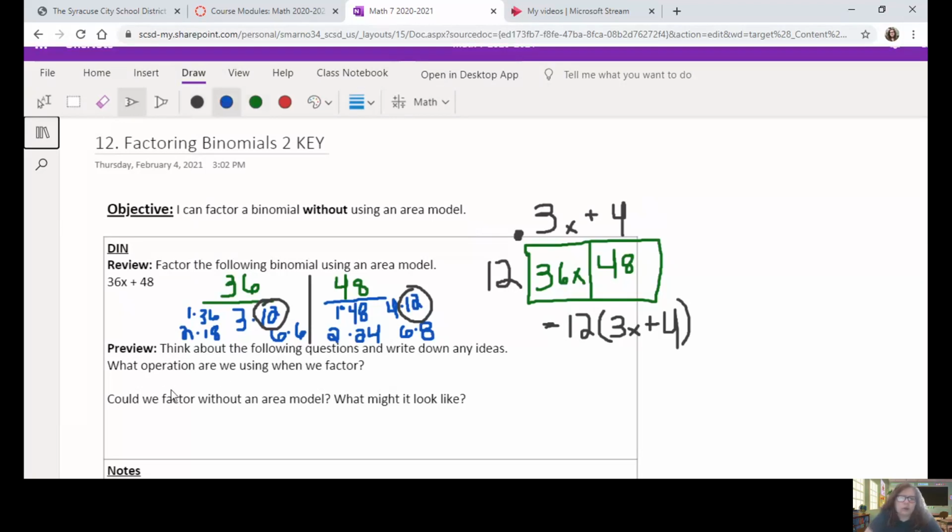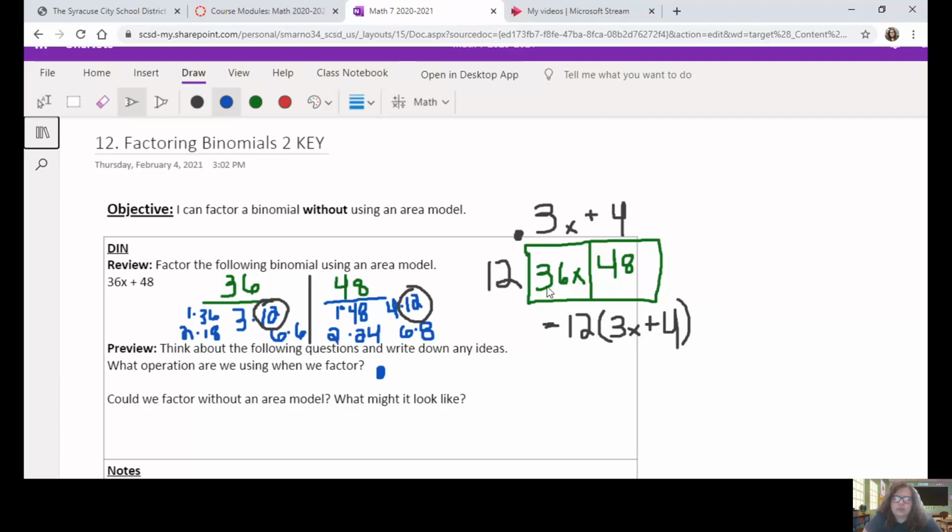And so what operation are we using when we factor? It's kind of multiplication because factoring involves two numbers that can be multiplied to get an expression. So if you put multiplication, there's one idea. But then we're also kind of dividing because we're doing that multiplication backwards.